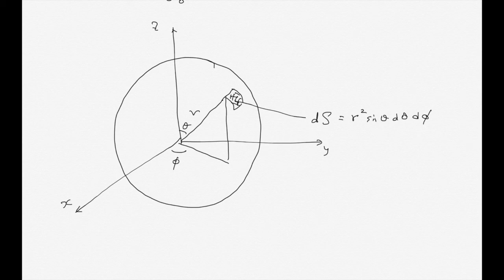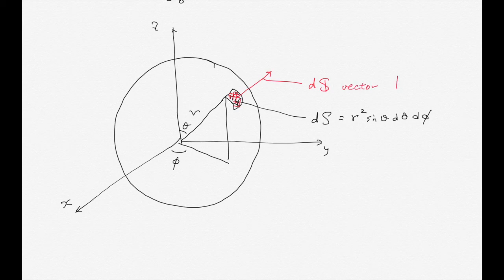But if you want to consider the integrals of vector quantities over the surface, we consider this surface area as a vector. Vector has a direction. ds vector is a vector quantity.